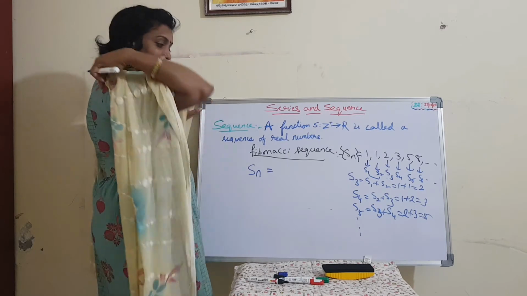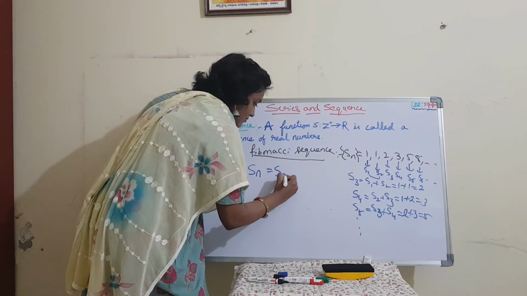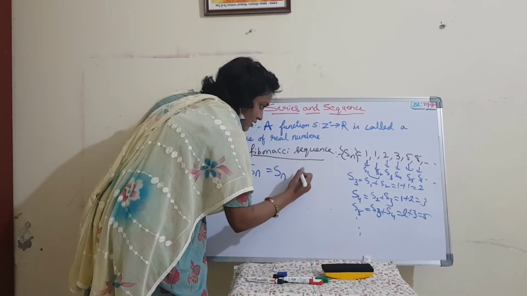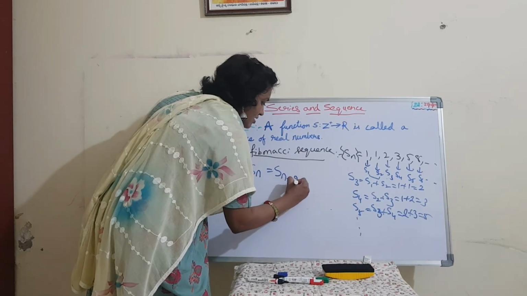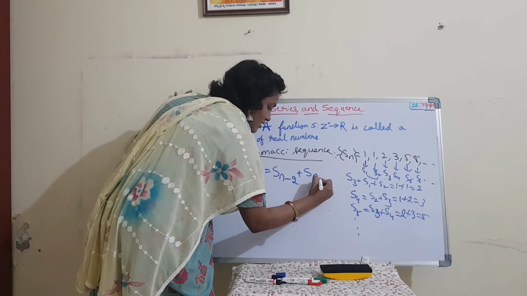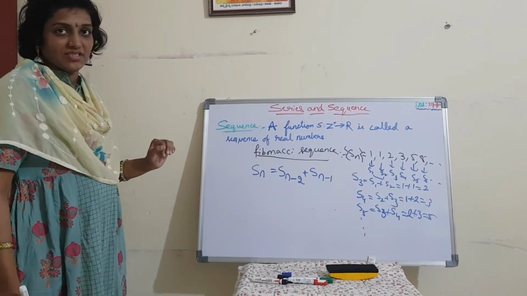Sn is equal to Sn minus 2 plus Sn minus 1. Like this also we can write.